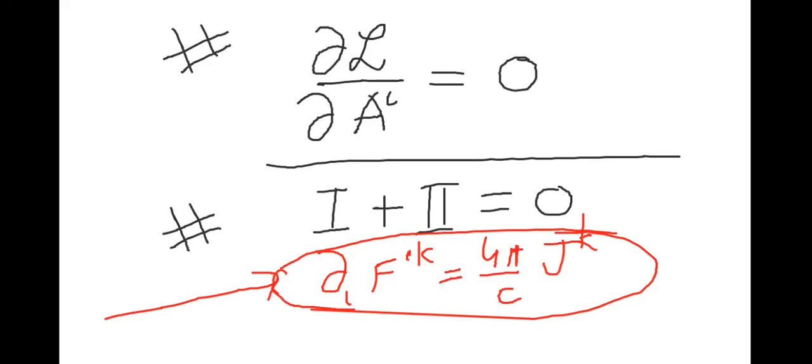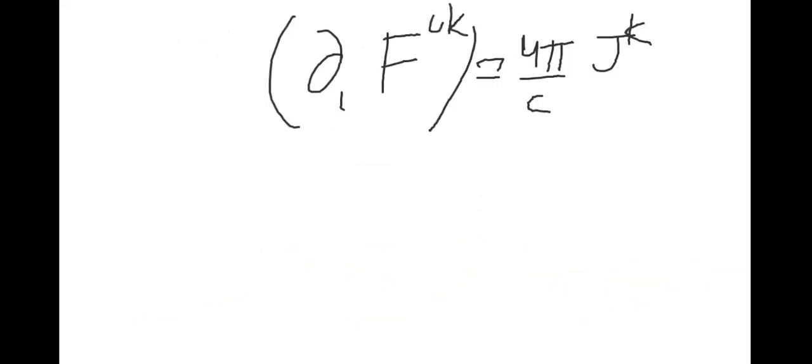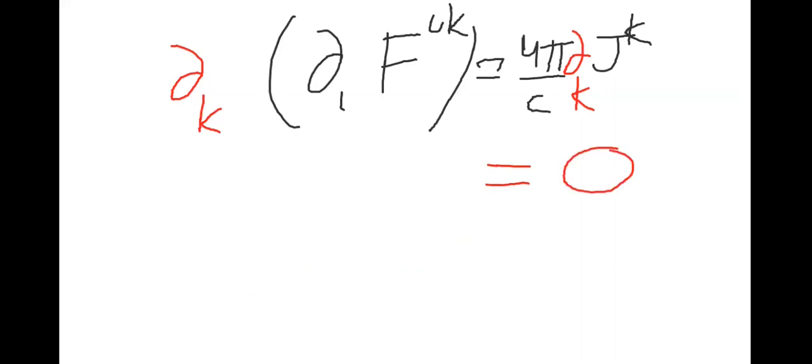And as a next step, if you take the derivatives further, del_i F^ik, you do del_k, right? And also del_k here. Okay. And can you show that this quantity, this answer should be 0?